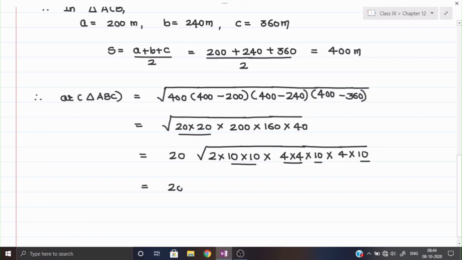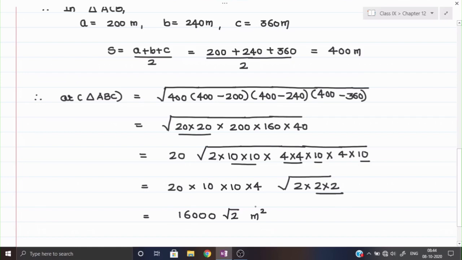So outside 20 into 10, again one more 10, and one 4 is coming out. Who is remaining inside now? 2 and 4. That 2 I will keep as it is, and the 4 I can write as 2 into 2. So a pair of 2 is complete, and here again one more 2 is coming out. So that 2 is multiplying with 4, becoming 8, and here 2000 is remaining. So I think this will become 16,000 under root of 2. That will be the area of triangle ABC.